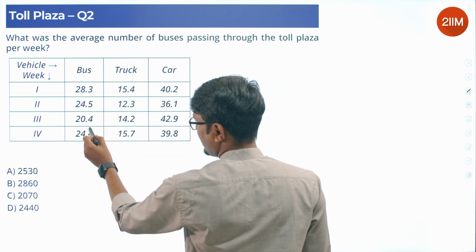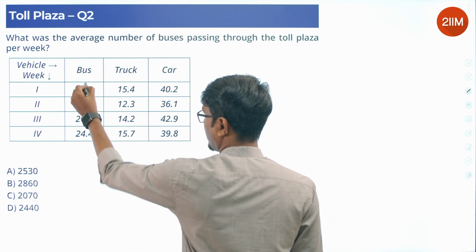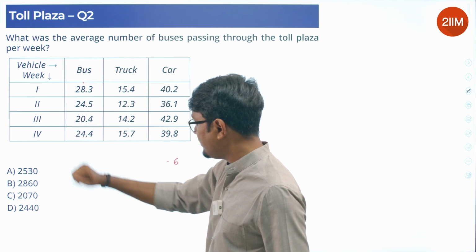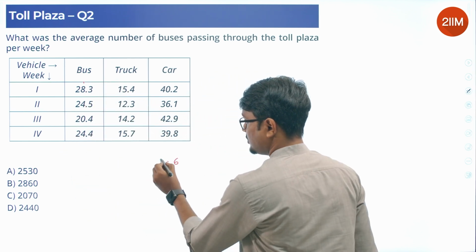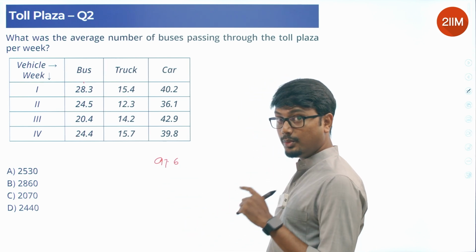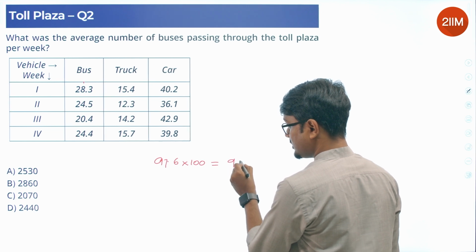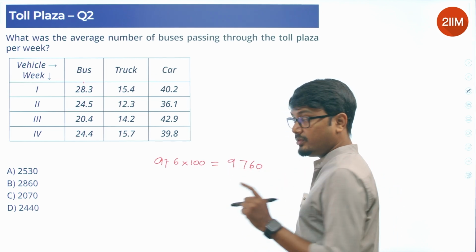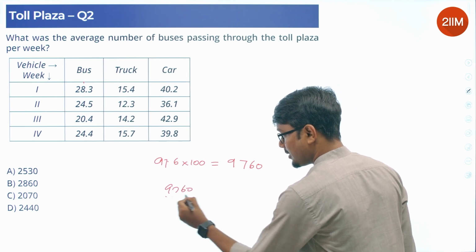So 3, 5, 8, 12 and then 16.6, 1 here. Okay, this is 80, 88, 92, 96, 97. So 97 times 100 will give me the total number of buses, 9760, but we want the per week average. So 9760 by 4.